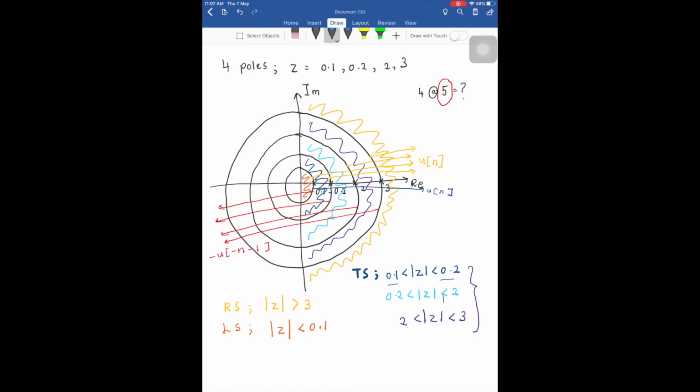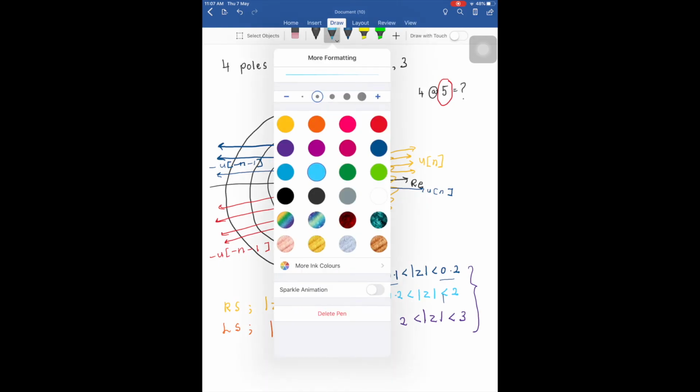The outermost pole will approach to left, so the function is minus u of minus n minus 1. What happened to 2 and 3? 2 and 3 are outside the outermost pole, so all are approaching to left.